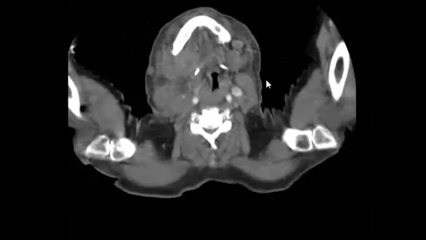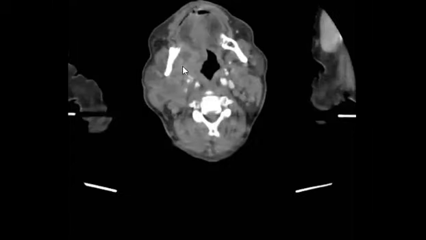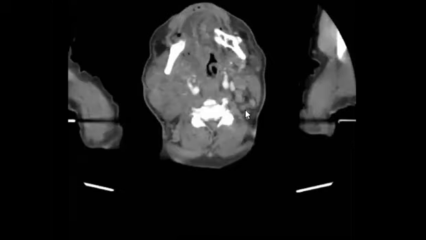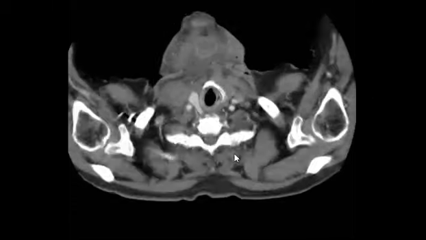Squamous cell can be, if we consider it as a laryngeal tumor as the primary, and all this lymphadenopathy and even the bone and so on, it could be either local invasion or metastasis everywhere.